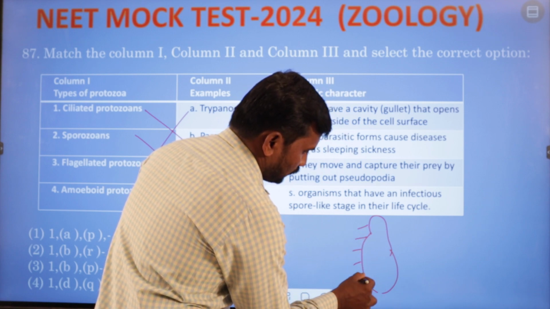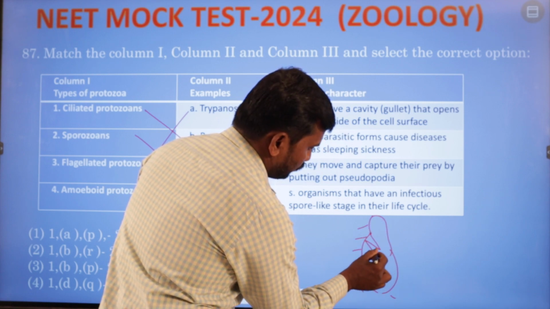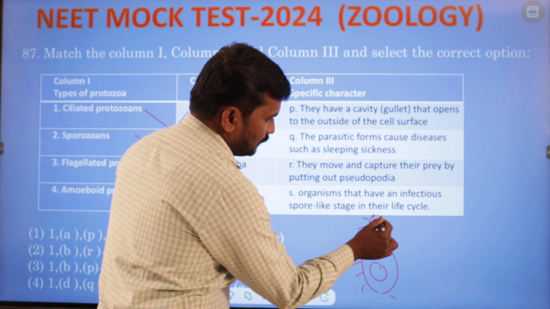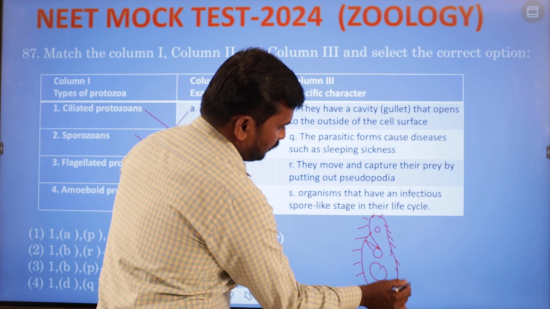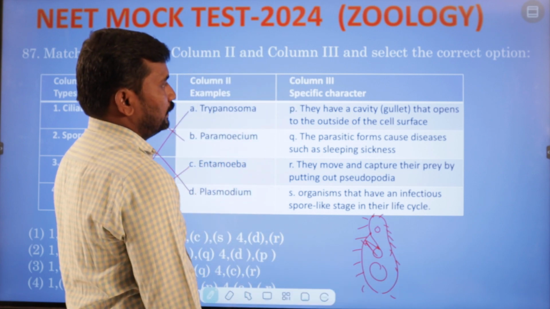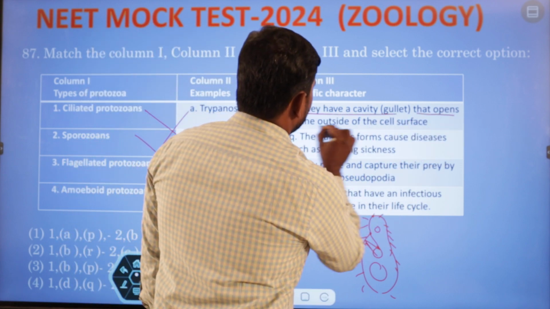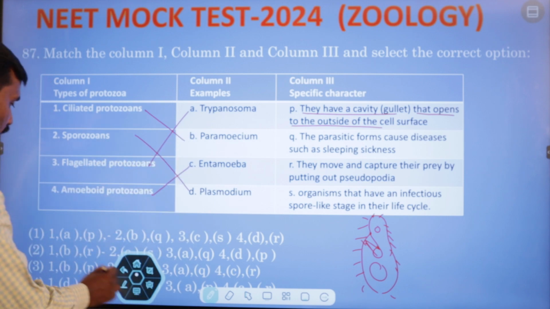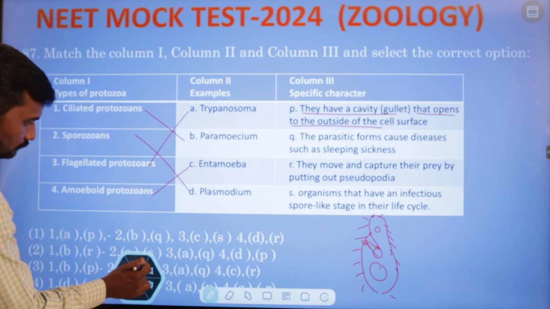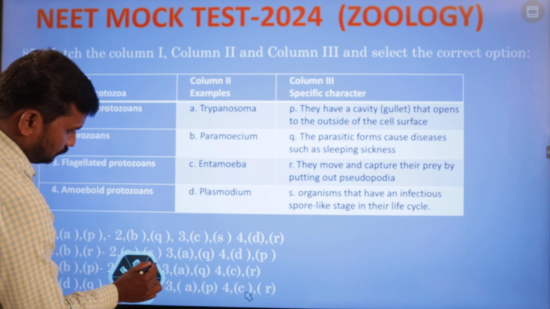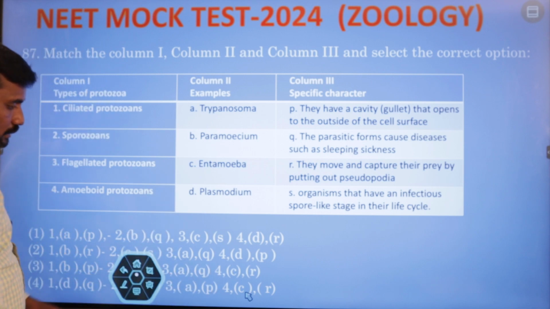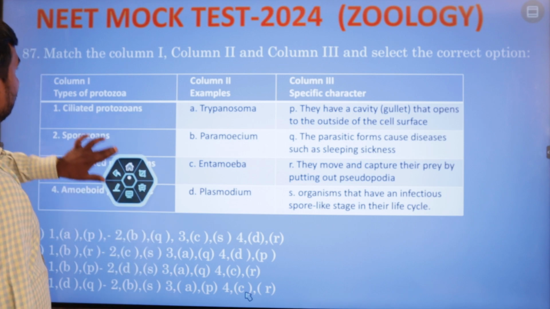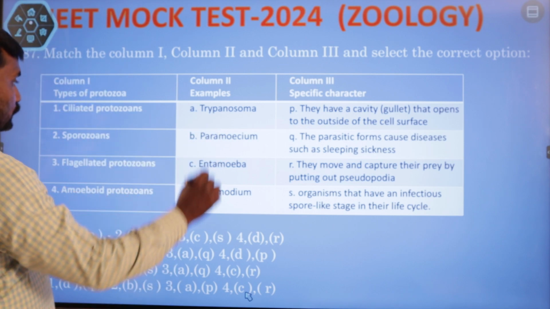Paramecium is commonly called the slipper animalcule. It contains two nuclei: one is called the macronucleus, the other is called the micronucleus. It contains hundreds of cilia. It contains a small tubular structure called the gullet, a cavity on the cell surface. So only Paramecium contains a gullet.